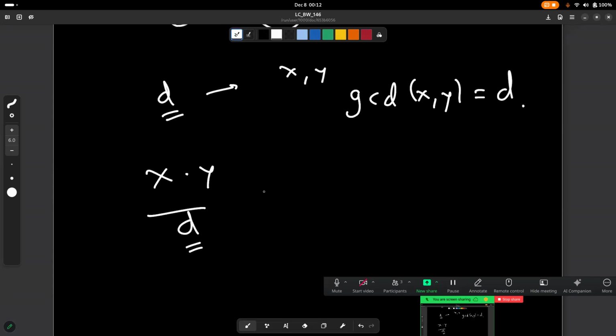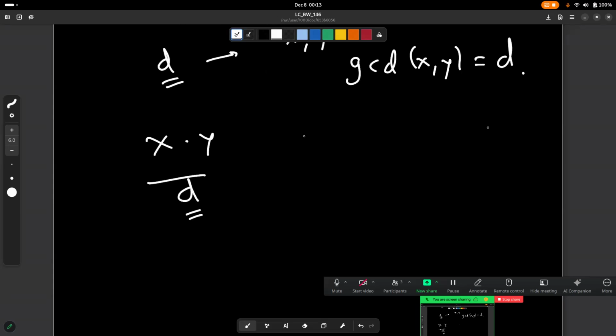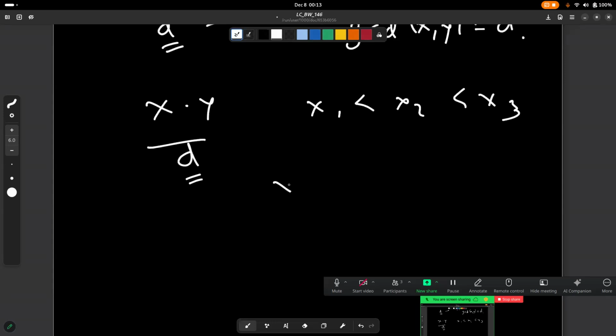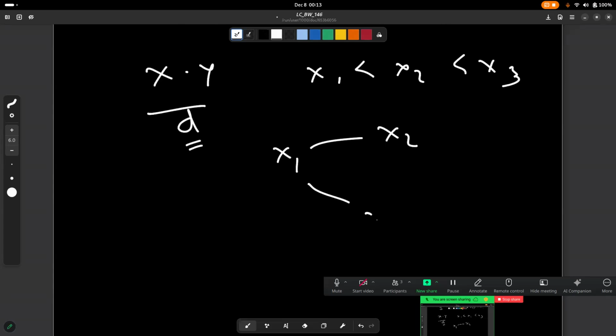So what I'm saying is, if I have three values, x1, x2, and x3, and x1 is the smallest of them, if I can connect x1 to x2, and if I can connect x1 to x3, it doesn't matter if I can connect x2 to x3.